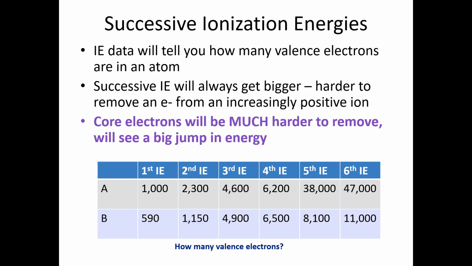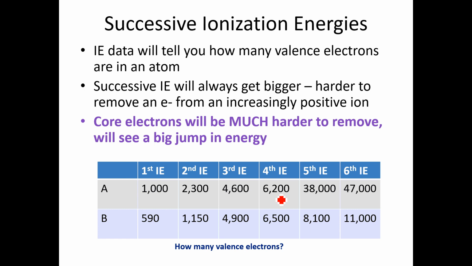All right, using that information, we can actually analyze some data sets and figure out from these successive ionization energies how many valence electrons a substance has. If we look over here at substance A, we're looking at its ionization energies. Notice how it always gets harder. Second's harder than first, third's harder than second.